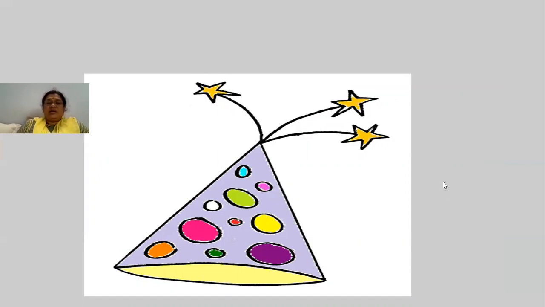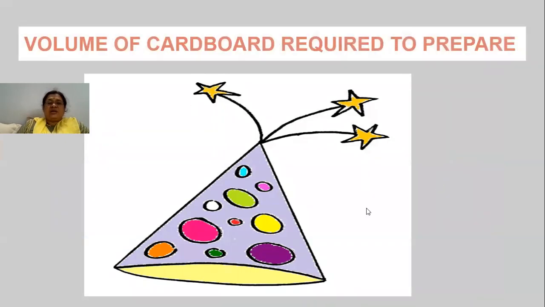And there may be a question like, what is the volume of the cardboard required to prepare this type of cone, or the volume of the cardboard required to prepare 10 joker caps, 100 joker caps, and so on. These types of questions also.